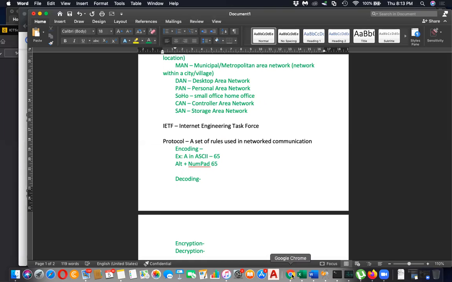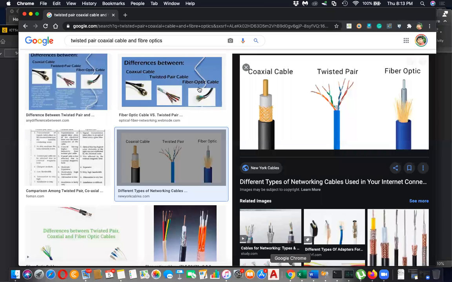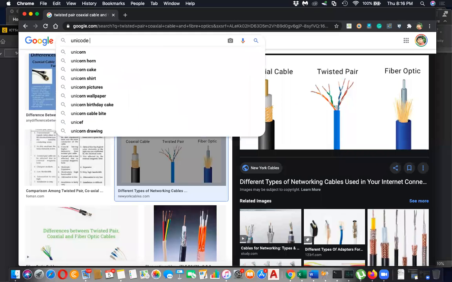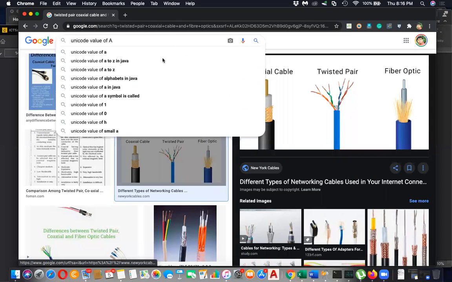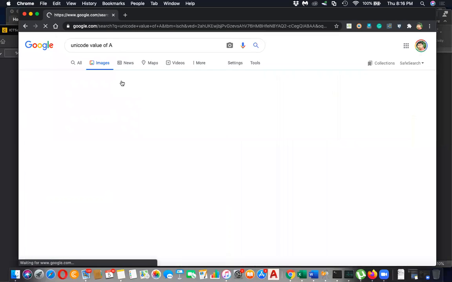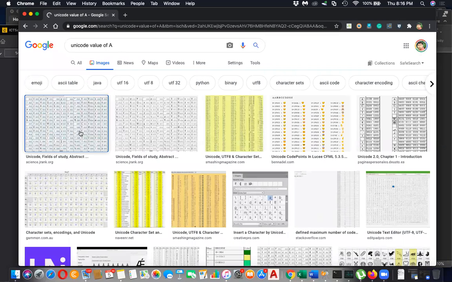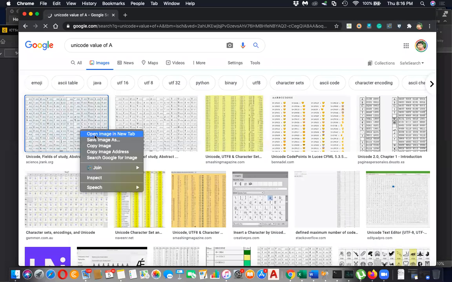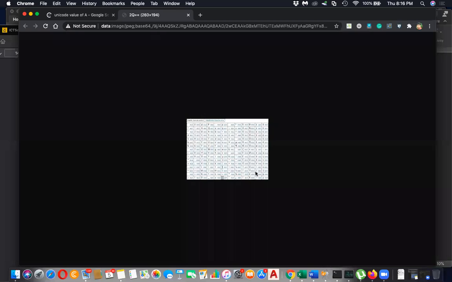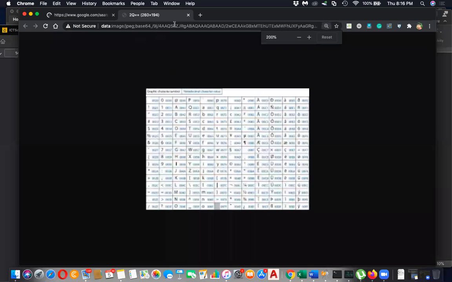When you go to Unicode, let's go to Google and ask the Unicode value of A. You can see this is the Unicode table. Then if you check the ASCII value of A, here, let me zoom. It's not clear, sorry.